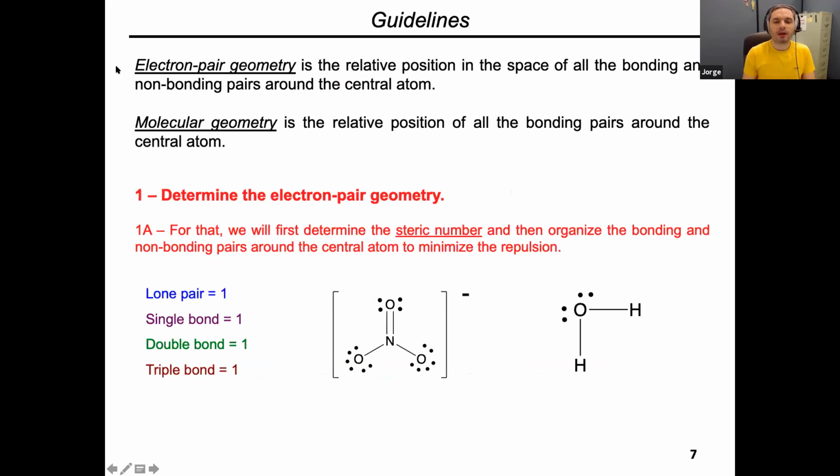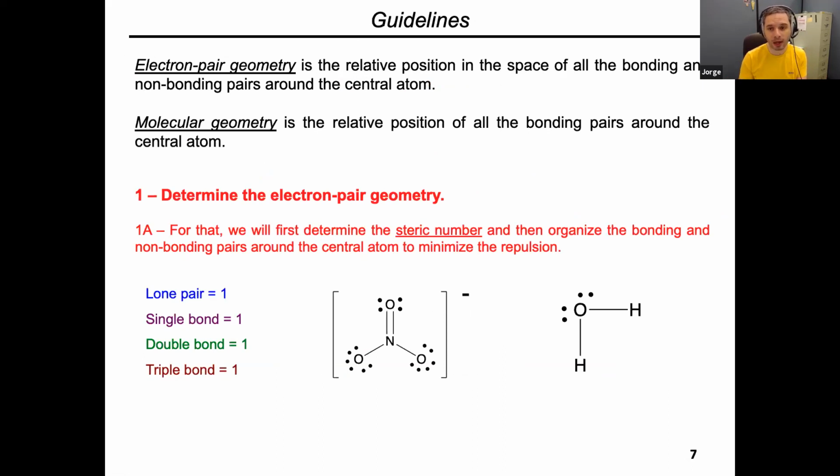Okay, so what is the procedure that we are going to follow to determine the molecular geometry for the central atom? First step is to look at the electron pair geometry. The electron pair geometry looks first at the central atom and at everything that is around it.